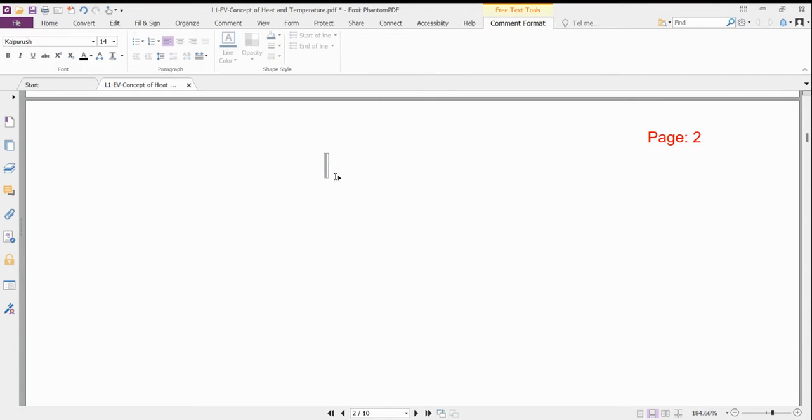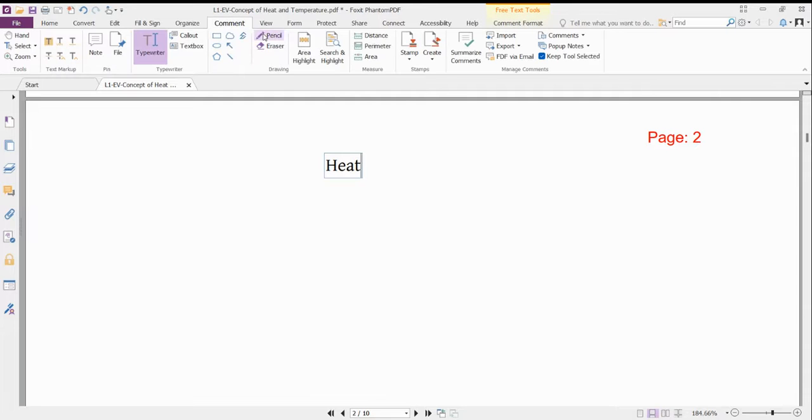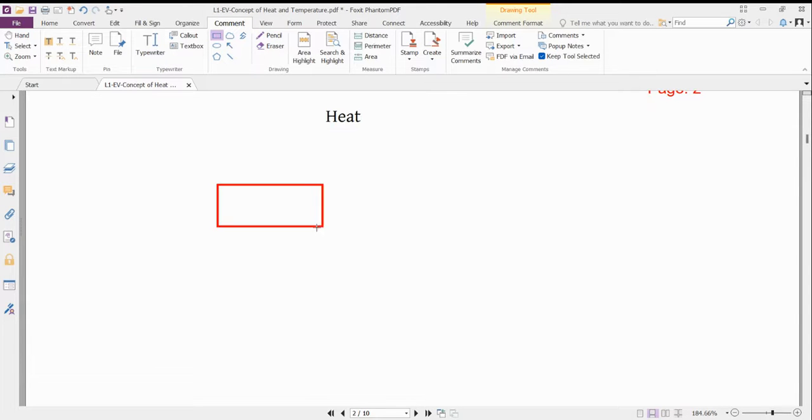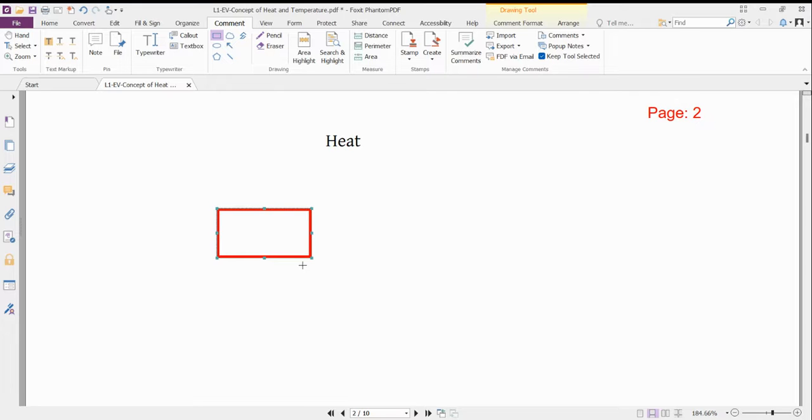Okay, heat. Okay, in general, by heat, we think that when we touch a body, we feel warm or cold, right?